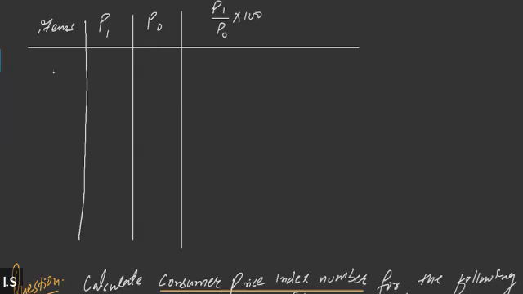Let's suppose, just tell me what items were given in the question. Items were A, B, C, D, E, no? Yeah, A till G. And what are the current prices? Current year price, P1: 25, 70, 140, 12, 8, 250, and 80.